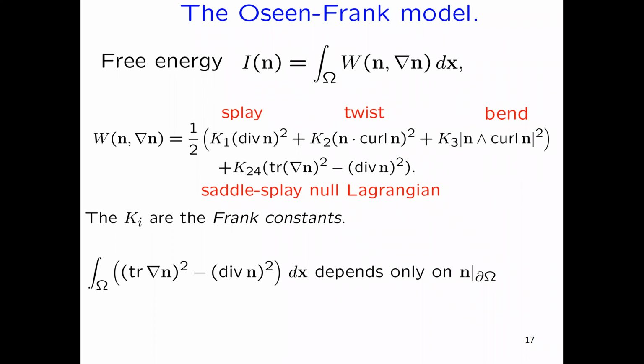And so in that case, you can drop this term because all it does is add a constant to the energy. However, there are boundary conditions where this integral really does depend on n, and in that case, you need to keep this term.